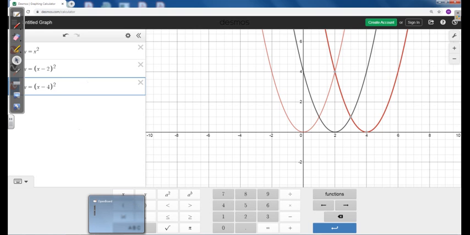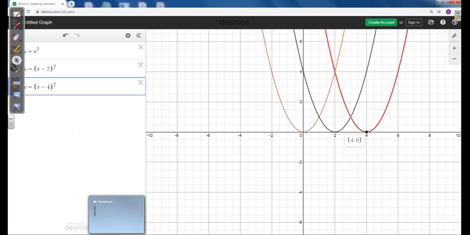If we describe the other one as vertical translation, how can we describe this? Horizontal translation. Perfect. I'm going to say horizontal translation, 4 units to the right. What's my vertex? 4, 0. What's the axis of symmetry? x equals 4.